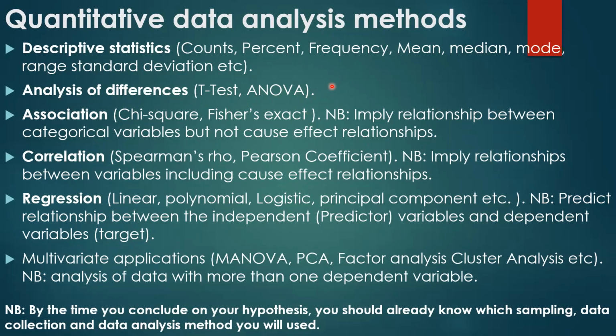So how groups in the independent variable respond to, or relate to, the dependent variable. Then you have association, which is the chi-square and the Fisher's exact. This one looks at the relationship between categorical variables.